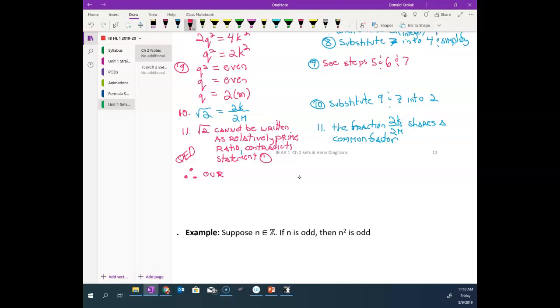I'd have to look it up again what it is, but it basically means it has been shown. It has been shown that our assumption is wrong, therefore the square root of 2 is irrational.